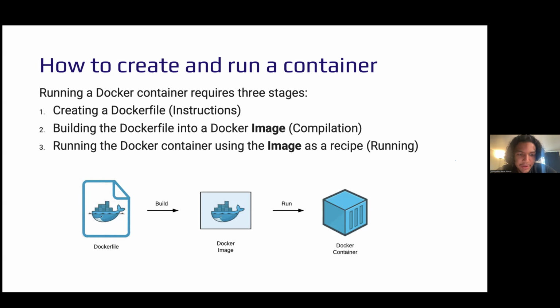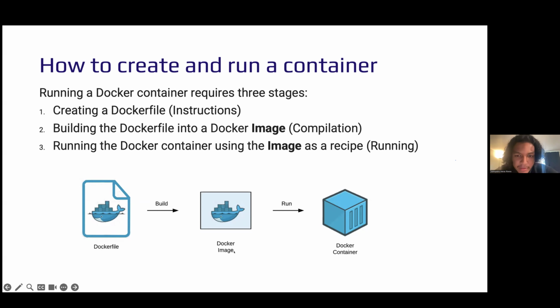Using the Dockerfile, we'll do an operation called build, which will follow these instructions and generate what's called a Docker image, which is a file that contains all of the dependencies and everything already installed. You can think of it as a compiled version of our code.